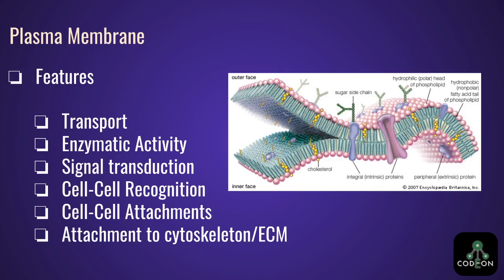By selectively permeable, we mean that within the plasma membrane, there are proteins embedded in it, and these proteins are very specific because of the chemical makeup of these different proteins. So for example, as you can see, there's an integral protein with this little channel in pink in the picture.